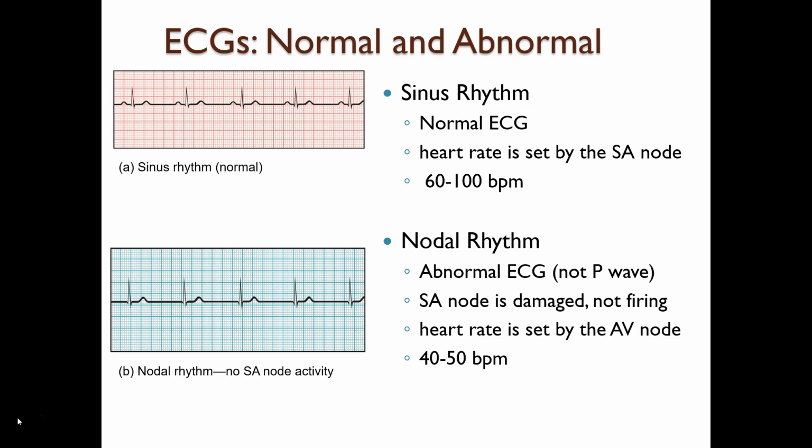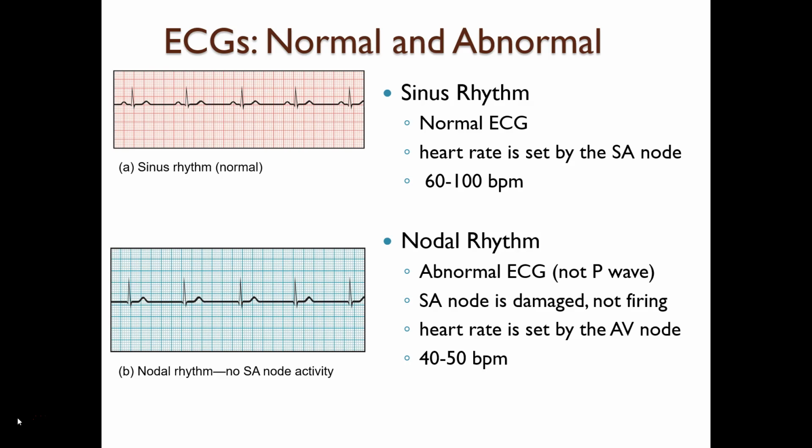And there you have a normal ECG, and the heart rate. Anybody know the normal resting heart rate for an adult at rest? Good. So the heart rate is between 60 to 100 beats per minute.